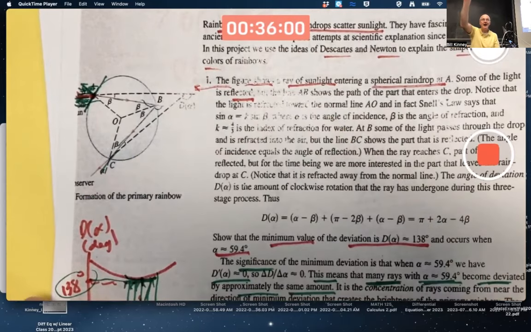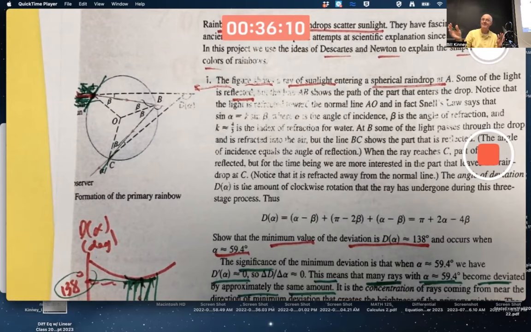And so you see them concentrated in the sky. That's the way your eye perceives them. That's not explaining the colors yet. What we're going to see on Friday with the colors is that k is slightly different for different colors.